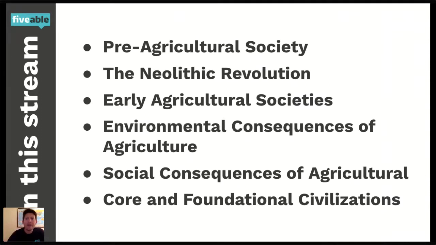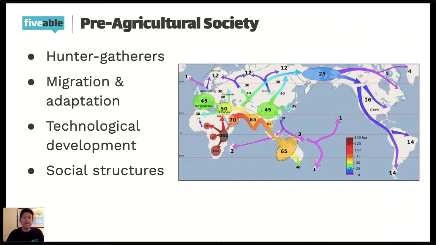Let's talk a little bit about our pre-agricultural society. So from the earliest days of human development, back when we had the very earliest Homo sapiens, 200,000 or so years ago, all the way up until about 10,000 years ago. So over 90% of human history, humans were hunter-gatherers.